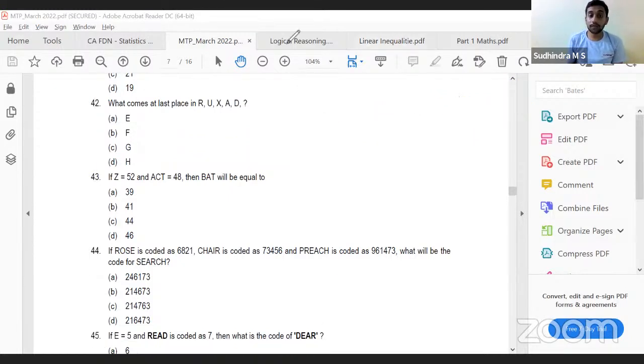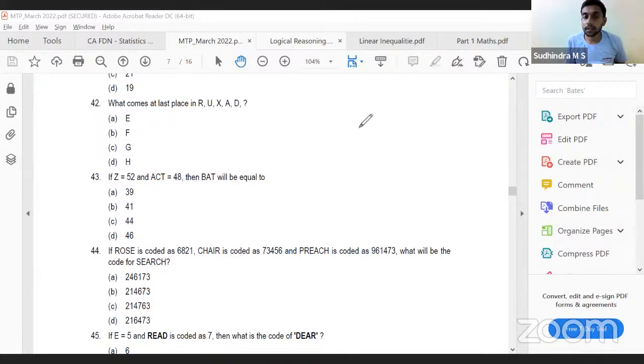Then if Z is equal to 52, ACT is equal to 48, what is the value of BAT? By them giving Z is equal to 52, what is the hint that they are giving?